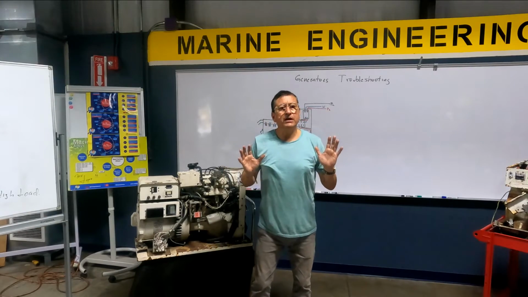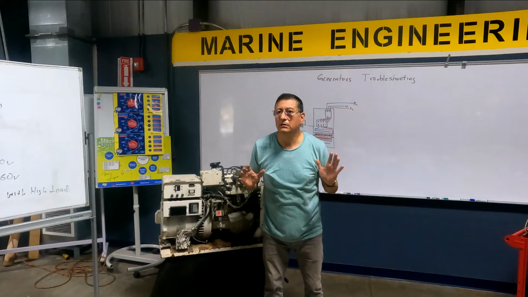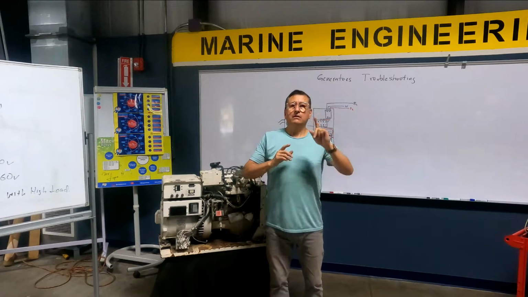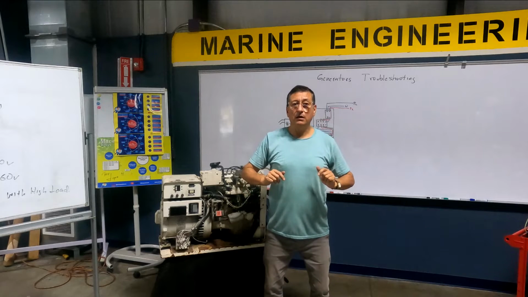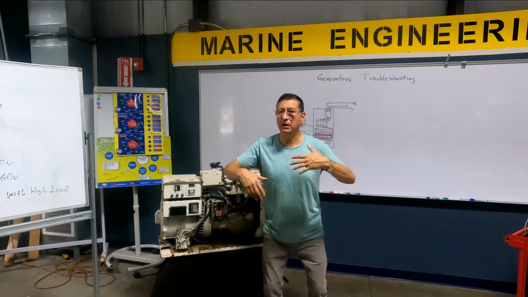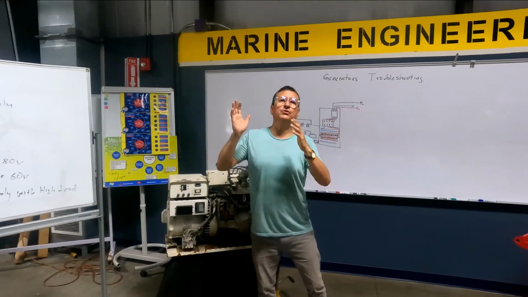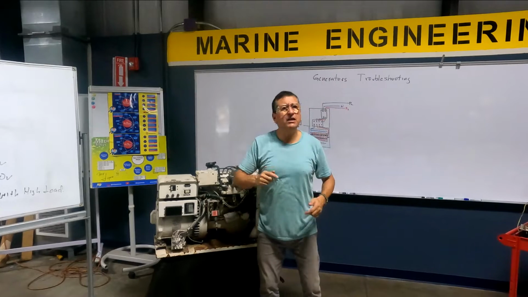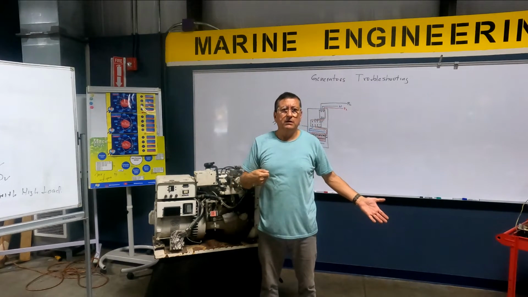When I try to start the generator, I try to start what? The back end or the engine? The engine. Follow me. When the engine starts and continues running at operational RPMs, now the generator starts to produce current. At the beginning, when the engine is cranking, the generator is not producing power.